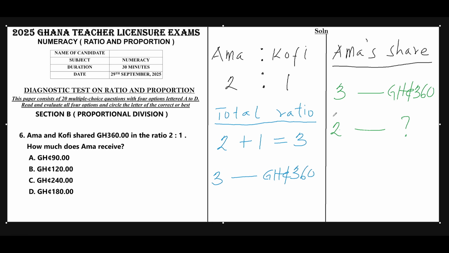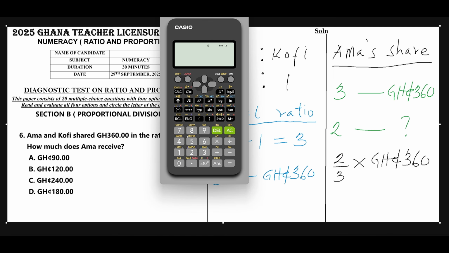So at this point, if less, then more will divide. So we have 2 out of 3 multiplied by 360 Ghana cedis. So let's compute this on the calculator and see our final results.